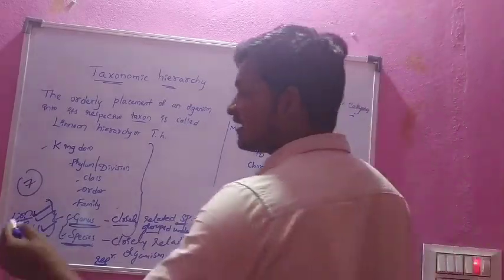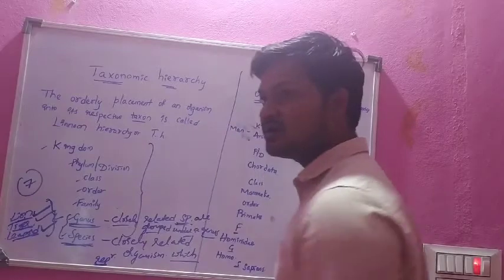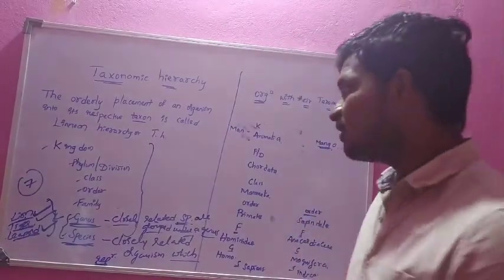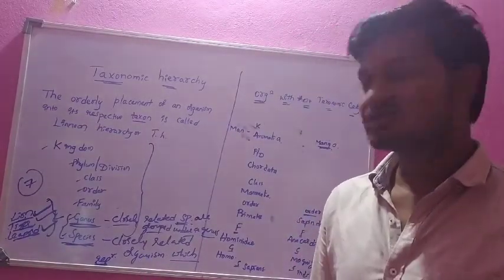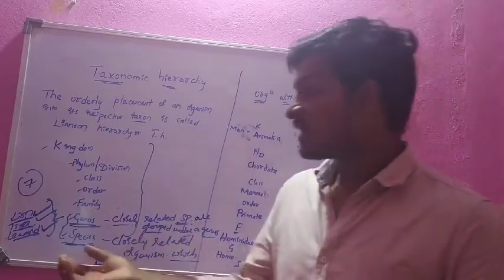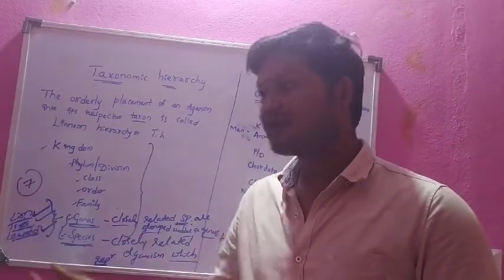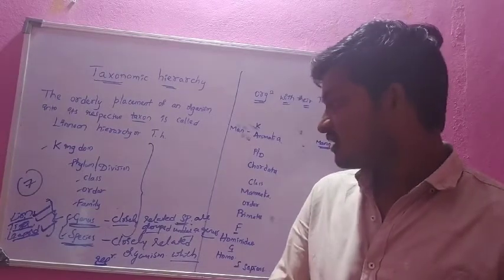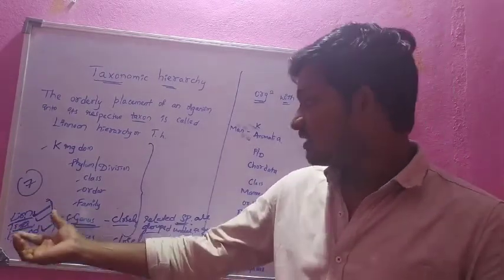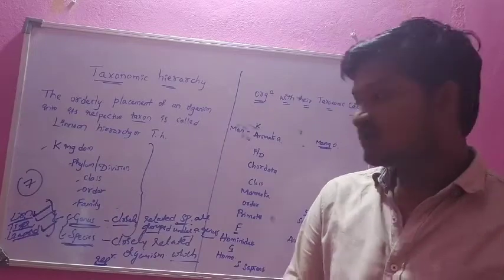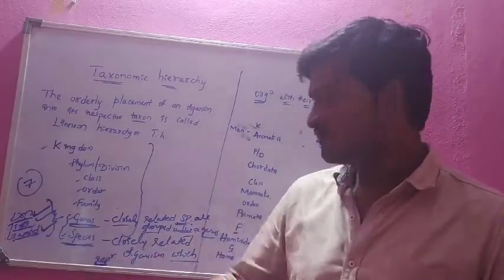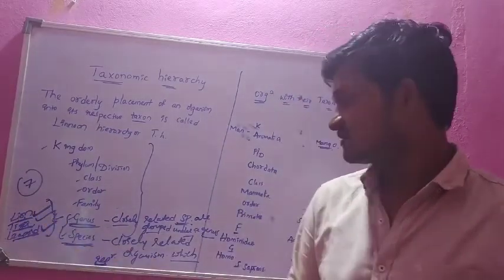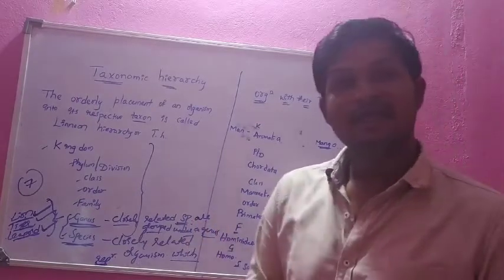If you see lion, tiger and leopard, these come under closely related species, which means that if you see the characters of lion, tiger and leopard, the characters will be the same. They come under related organisms only. They are grouped under a genus.